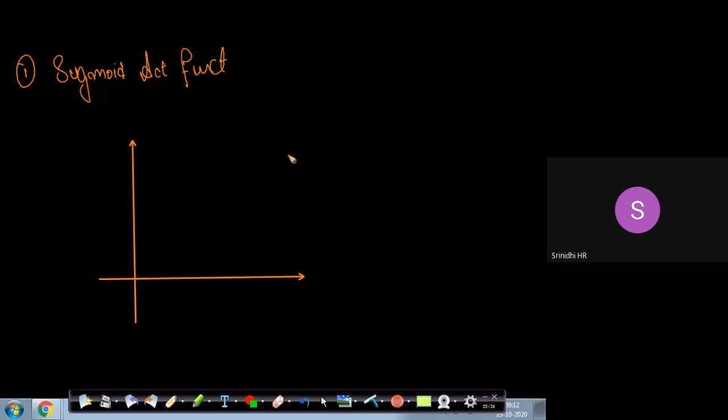The curve looks somewhat like this. It starts with the value 0, and the maximum value here is 1. Let's imagine I have a point 0.5, and at 1 I have this point, so this is my maximum point.